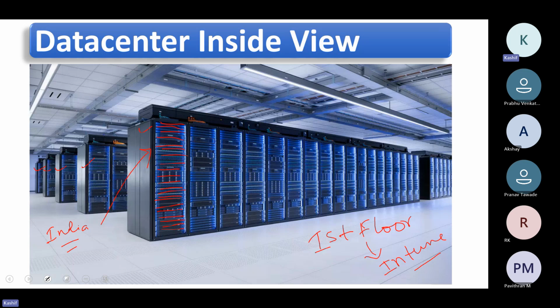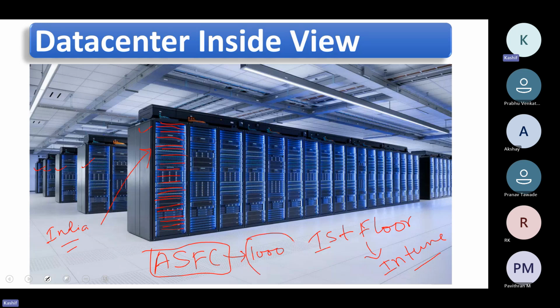Okay. Now, Intune services is basically running on Azure Service Fabric Cluster. Now, what is this? Azure Service Fabric Cluster. It's a combination of multiple racks. For example, combination of 1000 racks.